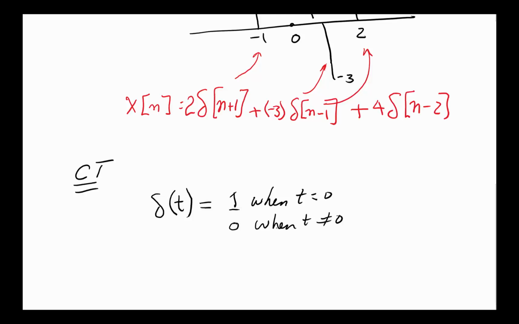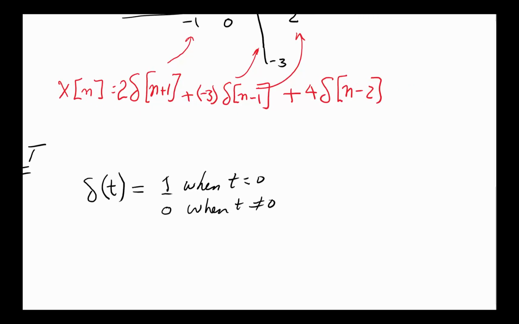Once again, we can generalize this, much like we did up there, and say the general term is delta t minus t0, where t0 is just some arbitrary positive or negative number, and it is equal to 1 when what's inside the parentheses is equal to 0. So t minus t0 is equal to 0, which means t is equal to t0.